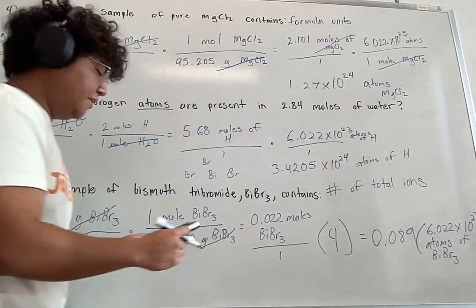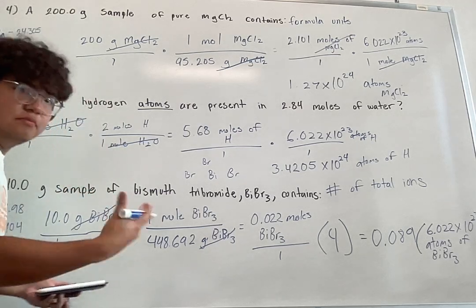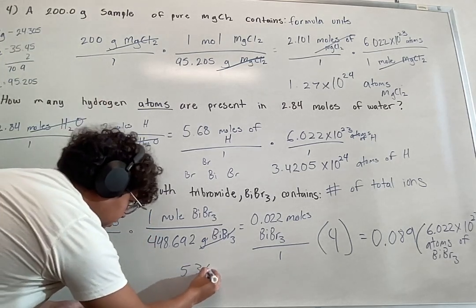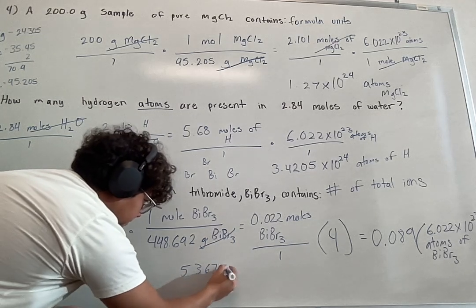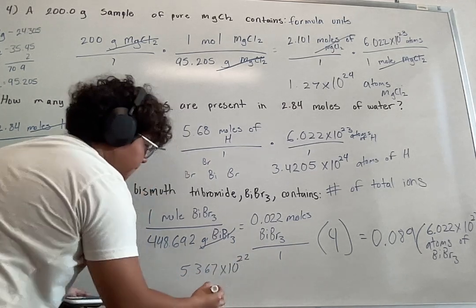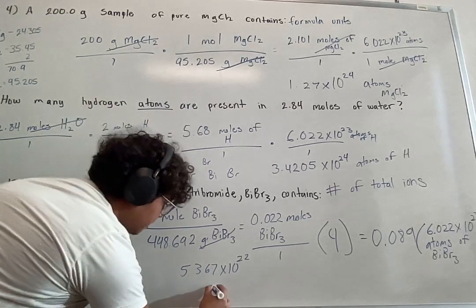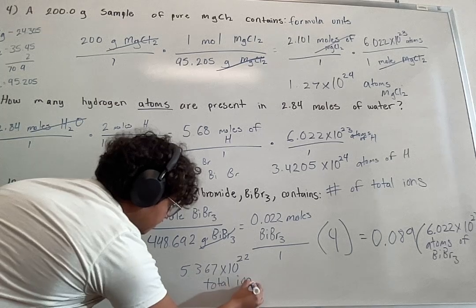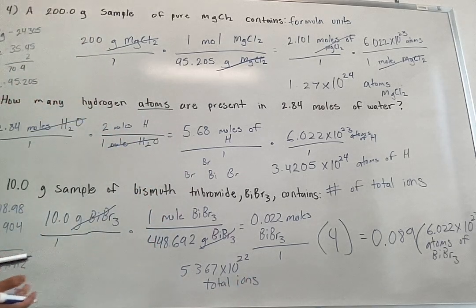Yep. And that gives us our answer, 5.367 times 10 to the 22nd power ions, total ions. Okay, and there we go. That's it for questions 4, 5, 6.